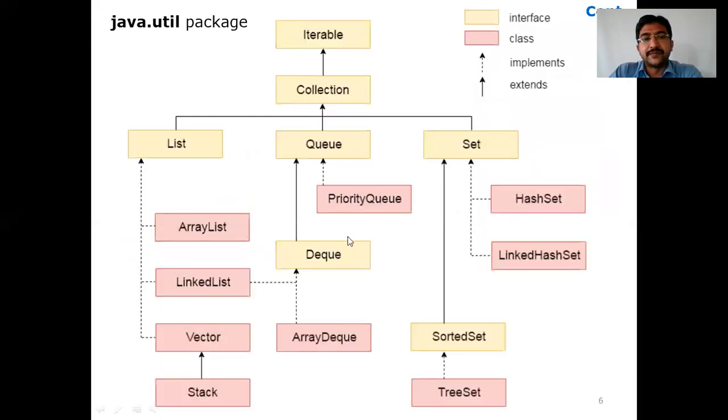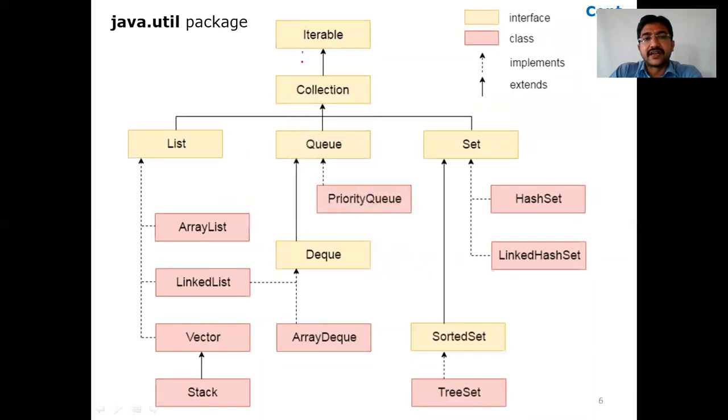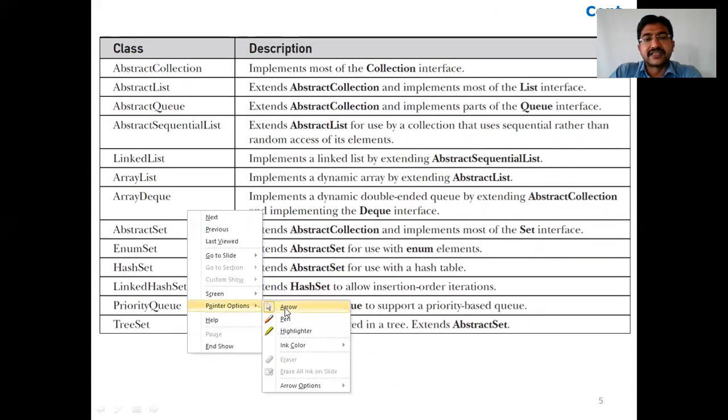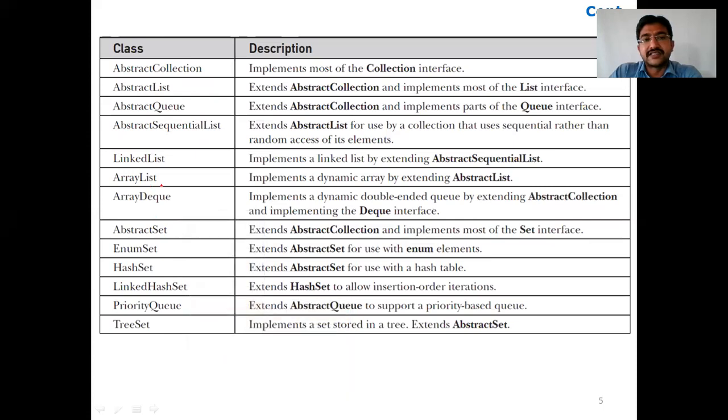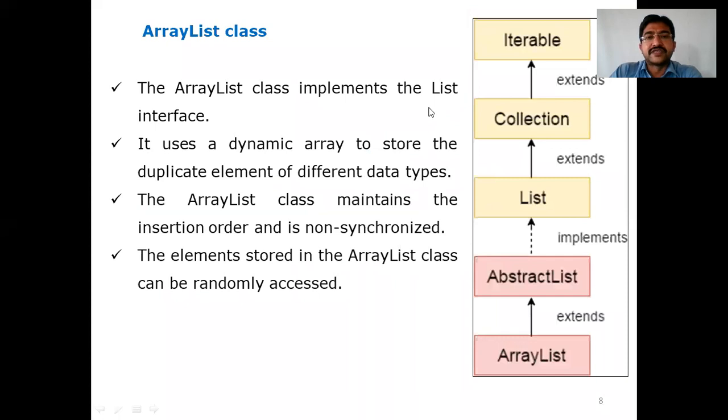If you observe carefully in the figure, it comes from iterable, collection, list, and there is also abstract list. As they say, array list implements a dynamic array by extending abstract list. Keep that in mind and concentrate on the array list class here.